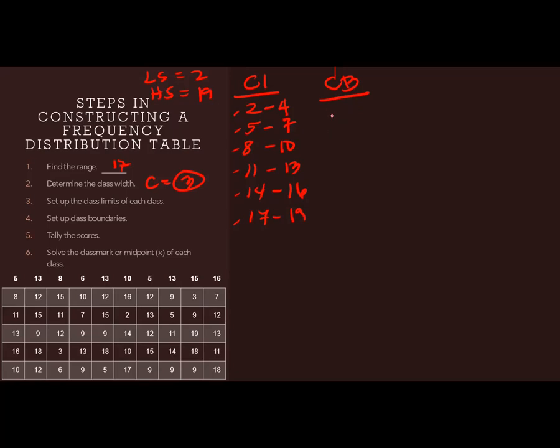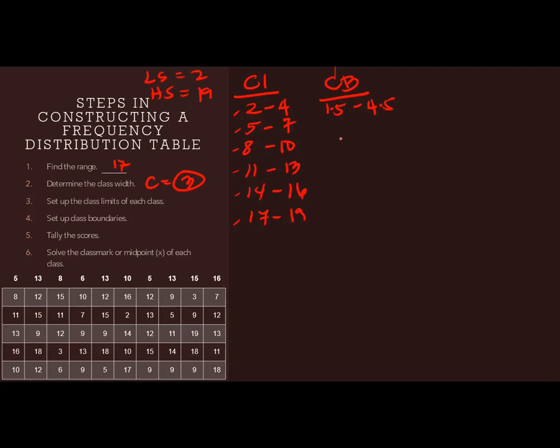So in this case, say for example, we have here our lower limit, 5 minus 4, and that will give us 1. So definitely half of it is 0.5. So 2 minus 0.5 will give us our lower class boundary, 1.5, to 4 plus 0.5, so 4.5.